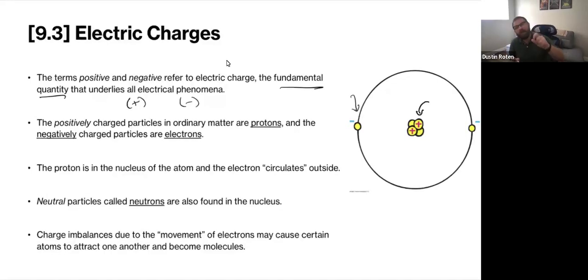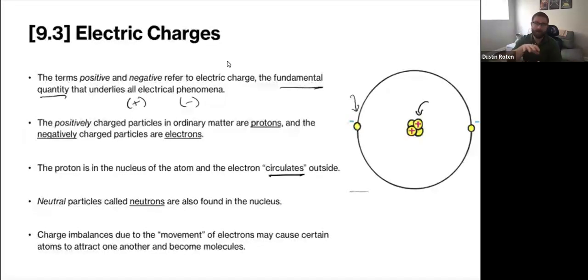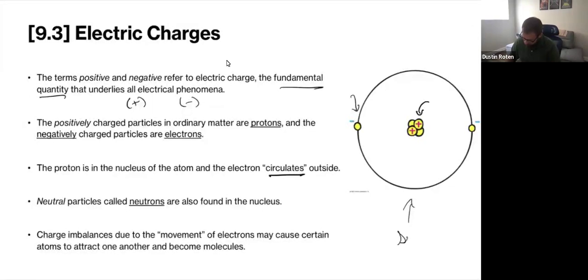If we get time and we get to some quantum mechanics, what you'll find out is the electron does really weird things. It moves in really weird ways outside of the nucleus. What we usually do is we just simplify it and just draw it as an orbit. But in reality, it does crazy stuff. So that's why I said it circulates outside.